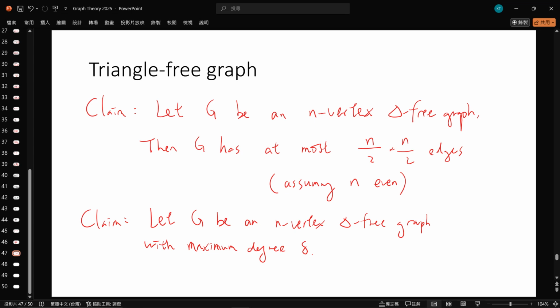We're going to consider, once again, the same graph, but this time we're going to consider its maximum degree. Let's call delta the maximum degree.